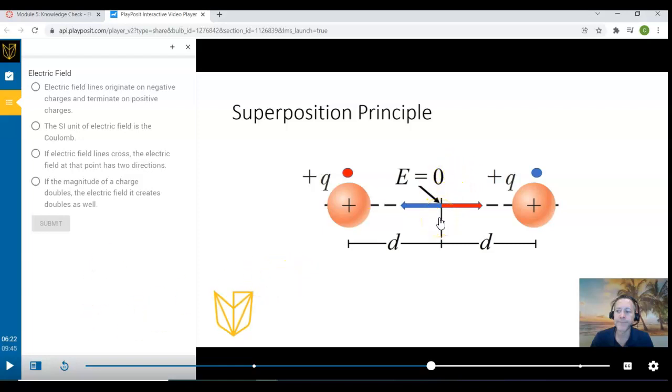If the magnitude of the charge doubles, the electric field it creates doubles as well. I'm not saying, well, yeah, they probably already covered that one. So this one is correct.